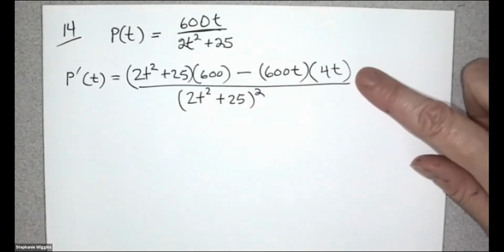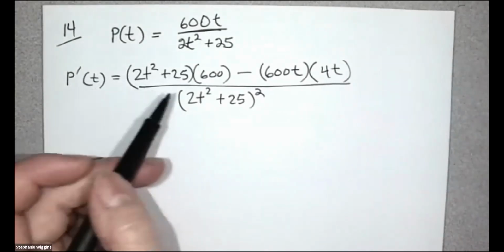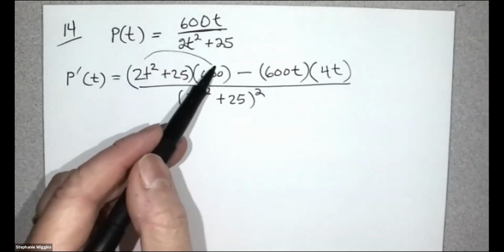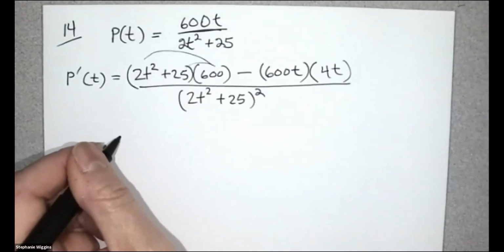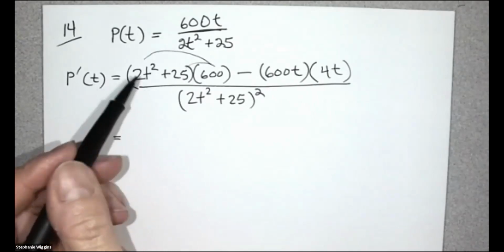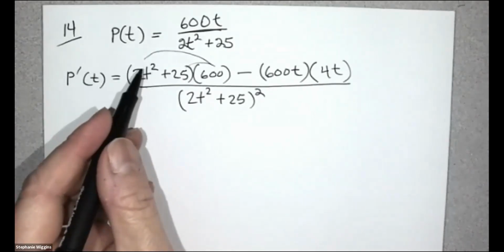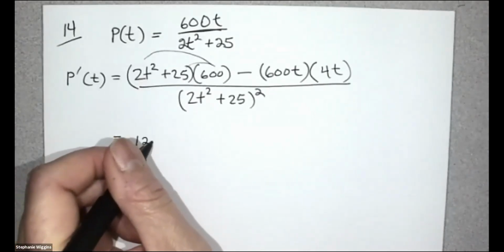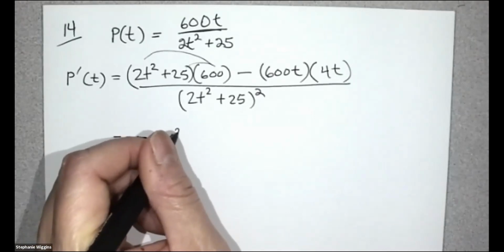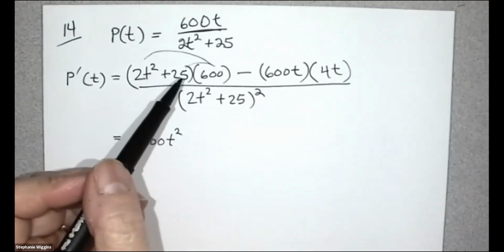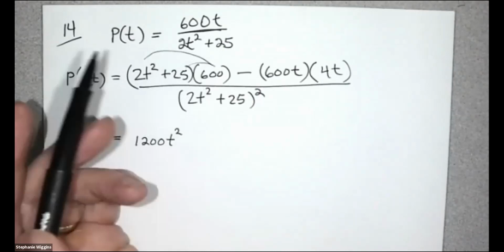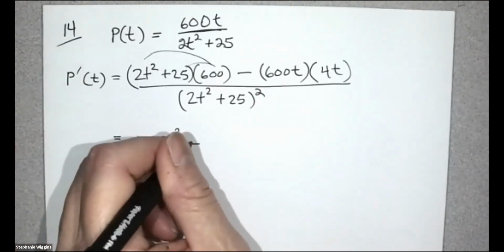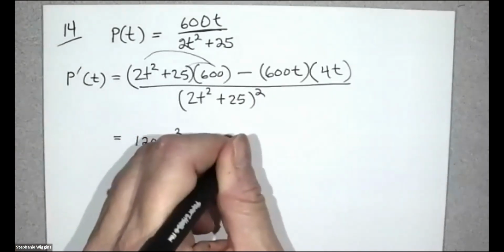But if you want to simplify it, you would distribute your 600. So that would be 1200 t squared. And then if you want to do 25 times 600, that's 1500. So that's going to be plus 1500.